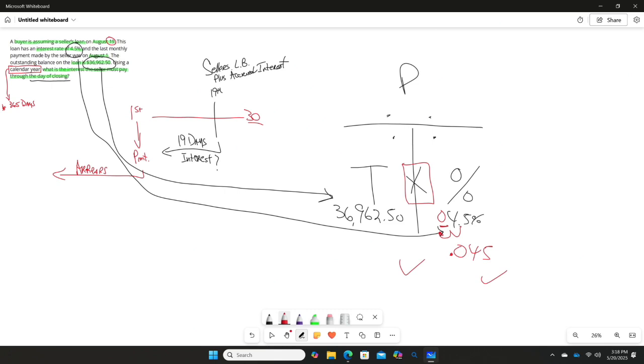So when I take 36,962.50, which is the loan balance, and I multiply it times 0.045, I get 1,663.31, which is, in this example, the annual interest.